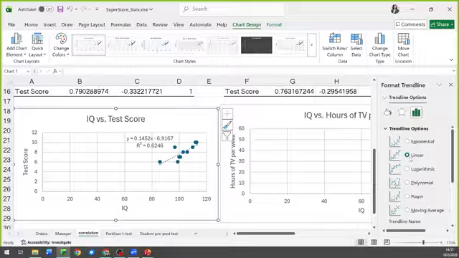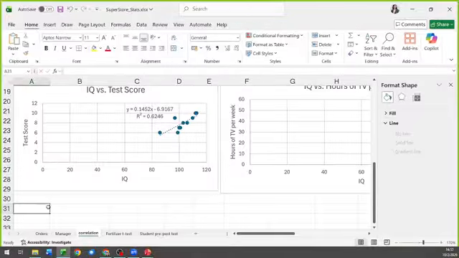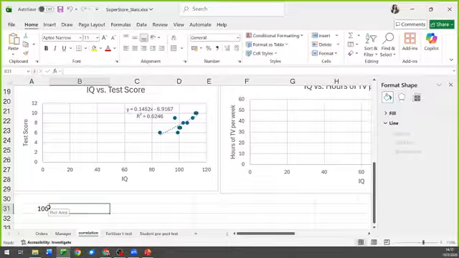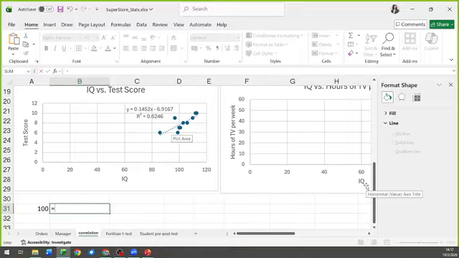Of course, with this trend line I can tell you. I just use this equation: 0.14 times 100 and then minus 6.9167.